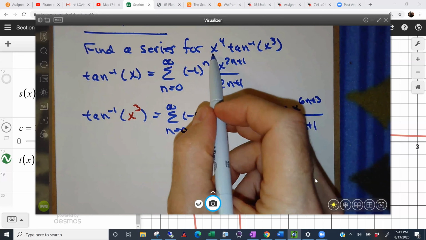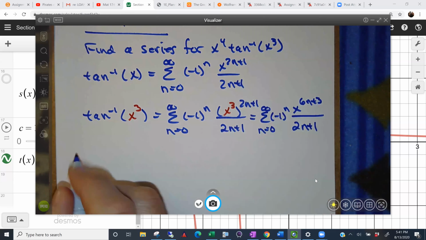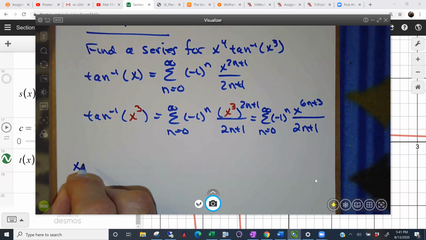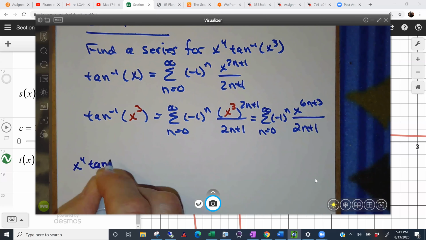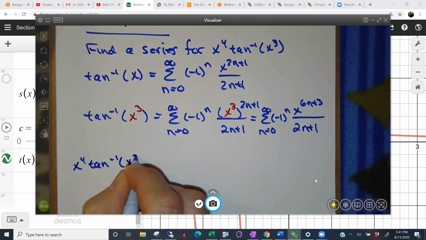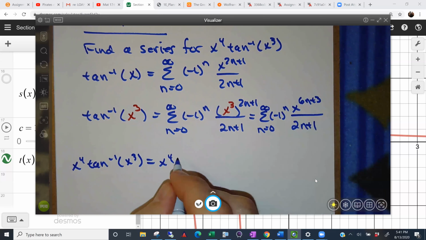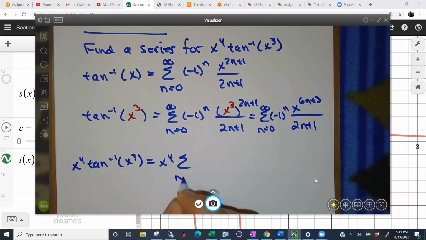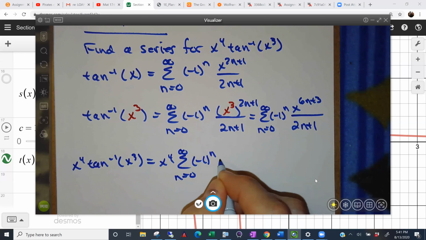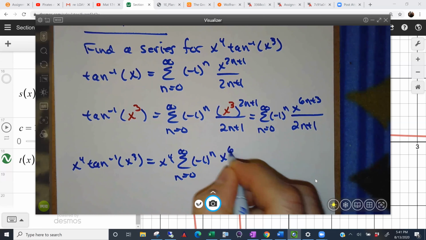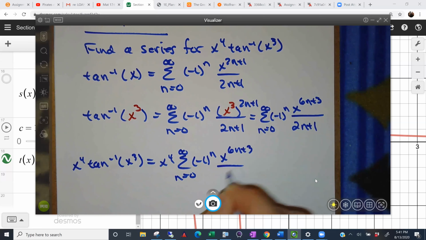We need to multiply that series by x to the 4th. So x to the 4th tangent inverse of x cubed is going to be x to the 4th times all of this, sum from n equals 0 to infinity of -1 to the n, x to the 6n plus 3 over 2n plus 1.